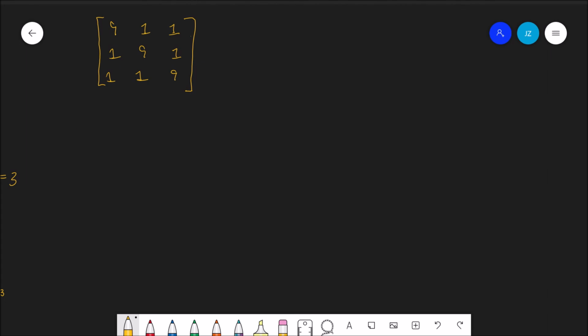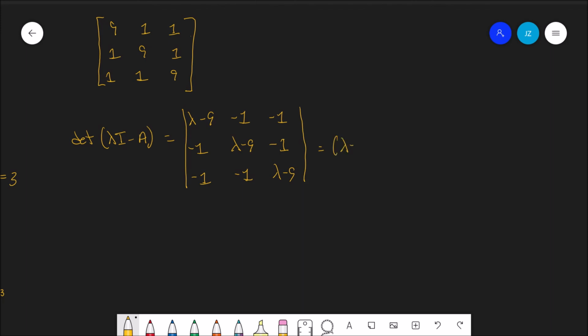So again, first thing we want is the determinant of lambda I minus A. So it'll be the determinant of the 3 by 3 matrix, lambda minus 9, negative 1, negative 1, negative 1, lambda minus 9, negative 1, negative 1, negative 1, lambda minus 9. This determinant will be lambda minus 8 times lambda squared minus 19 lambda plus 88. And that has to equal 0.